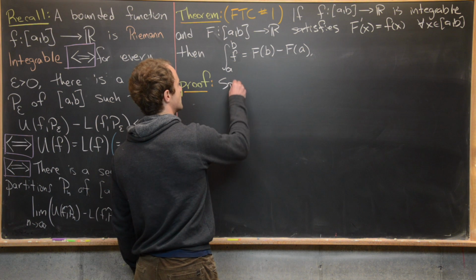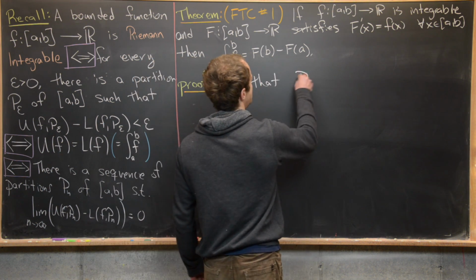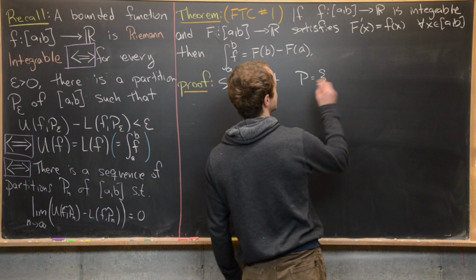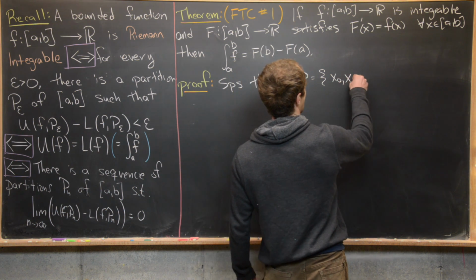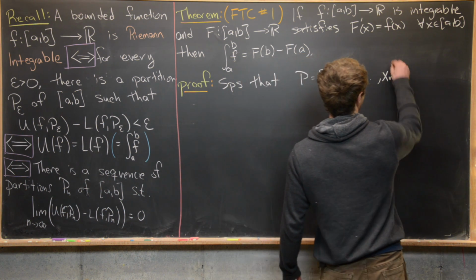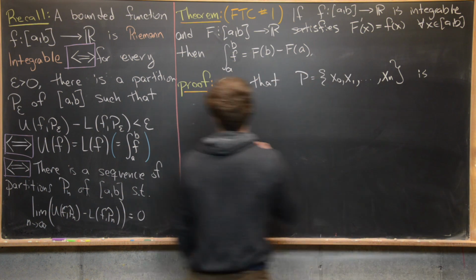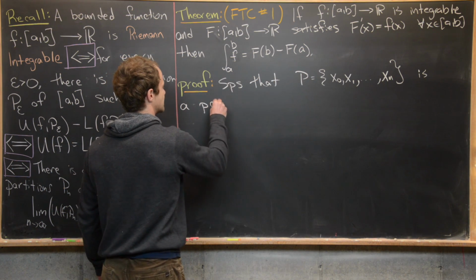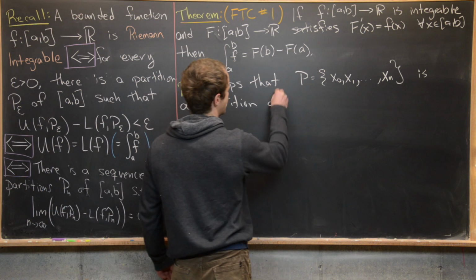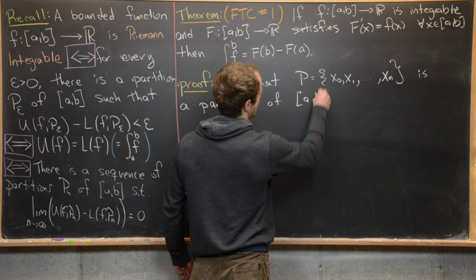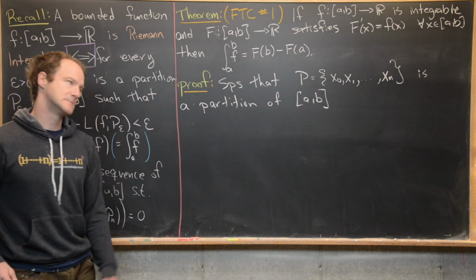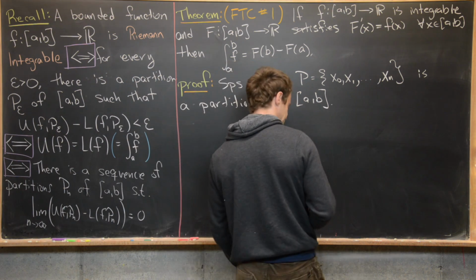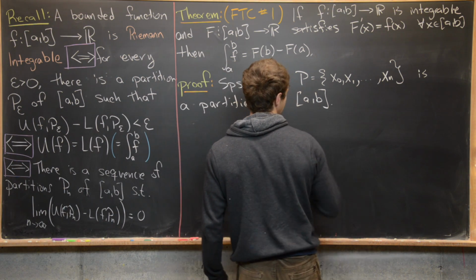So let's suppose that P, and we'll say that P is equal to x_0, x_1, all the way up to x_n, is a partition of our interval [a,b]. Great. And so let's see what that gives us. So that gives us a couple of things for free.